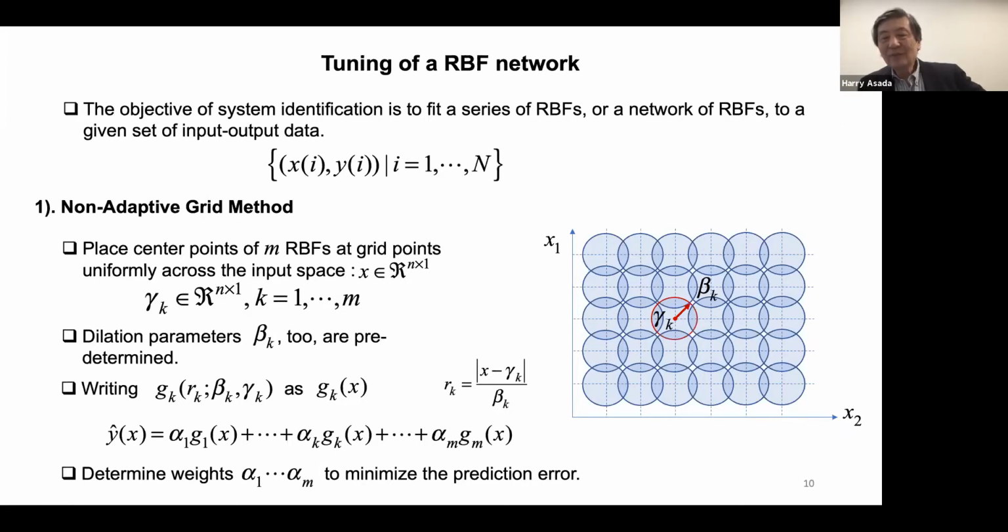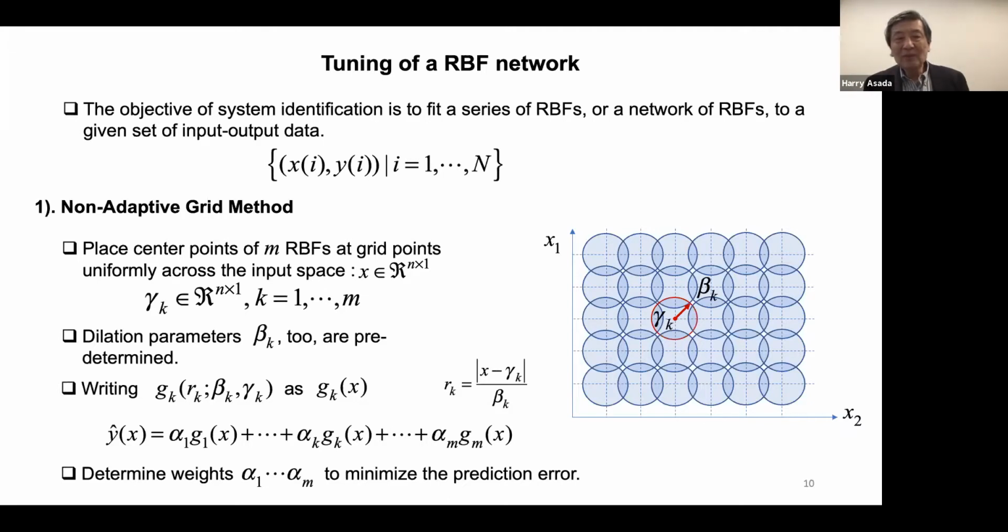That's a lot. Even if you divide one axis into, say, 10 segments, each covered by a single radial basis function, then 10 radial basis functions per axis, 10 to the 5th radial functions are needed.